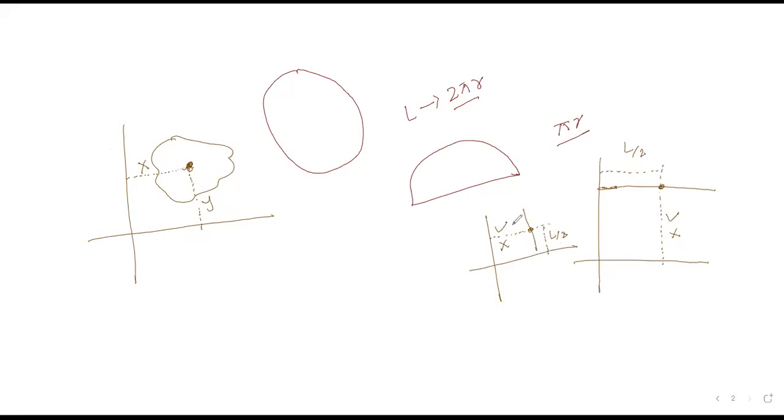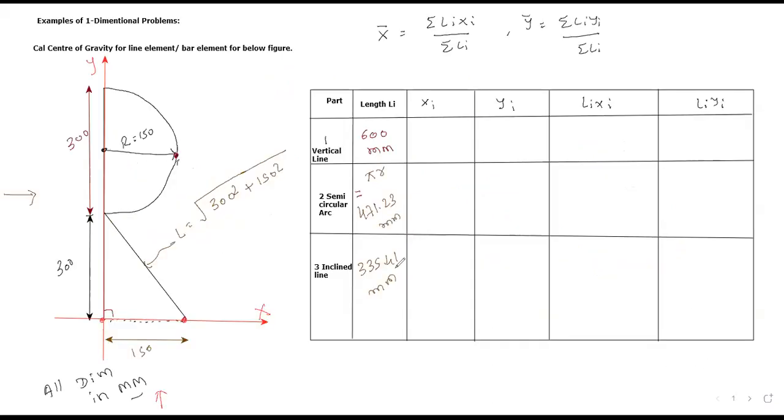Depending on your orientation or location, you will get x or you will not be able to get x. From that concept, please give me the value. First of all, you need to decide the center of gravity of the line. From that center of gravity, you need to reach up to the reference y axis and up to the reference x axis. I hope my explanation is clear to all of you.